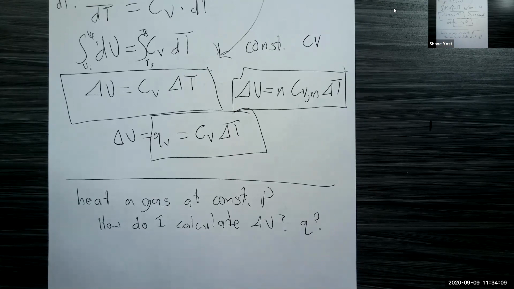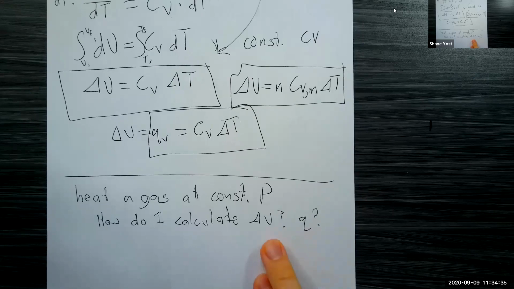Do I know what I need? The answer to this question could also be, we don't know yet. We haven't been given that information. We aren't sure. Yeah, that could be an answer. Any ideas on delta U?